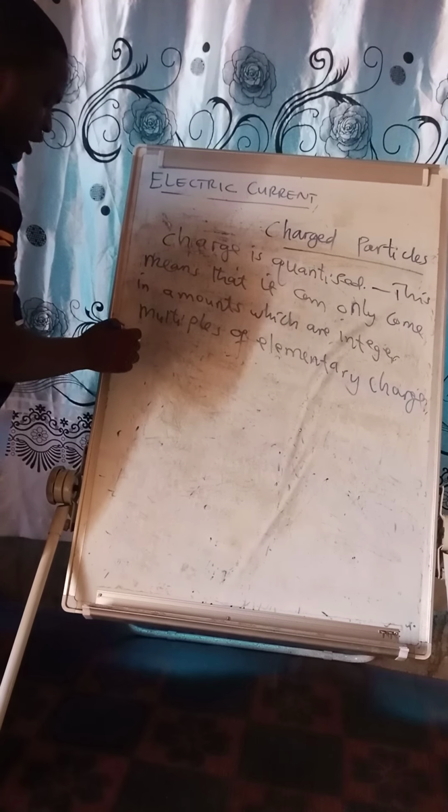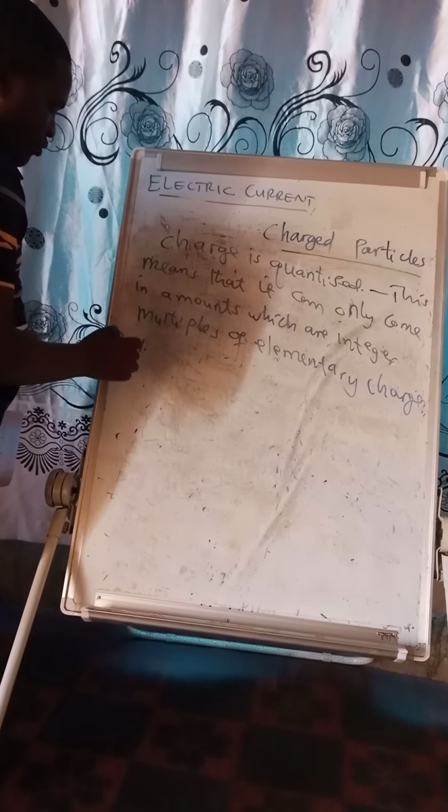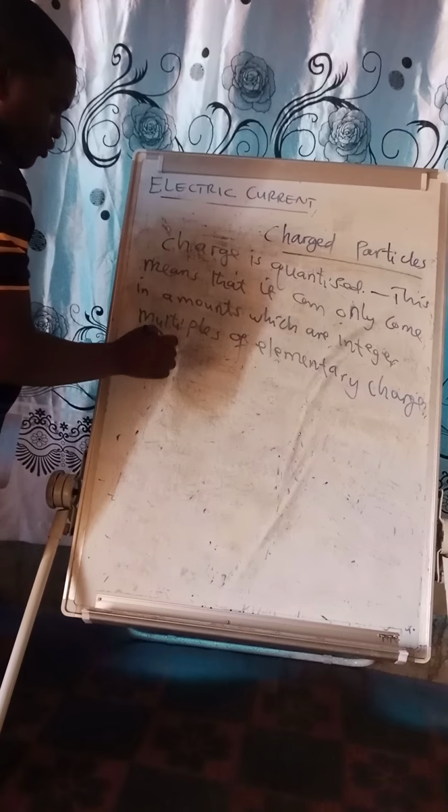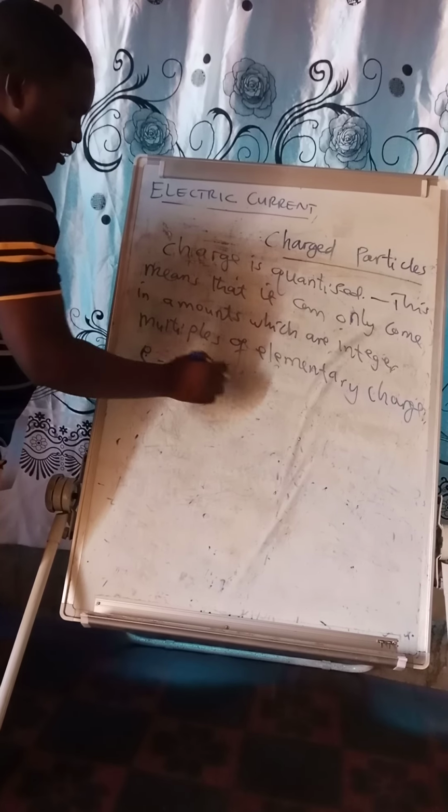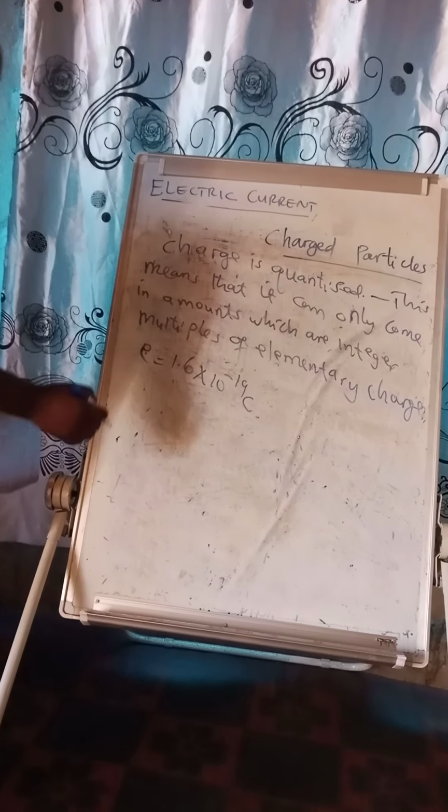For example, we know that the magnitude of charge e is equal to 1.6 times 10 minus 19 coulomb.